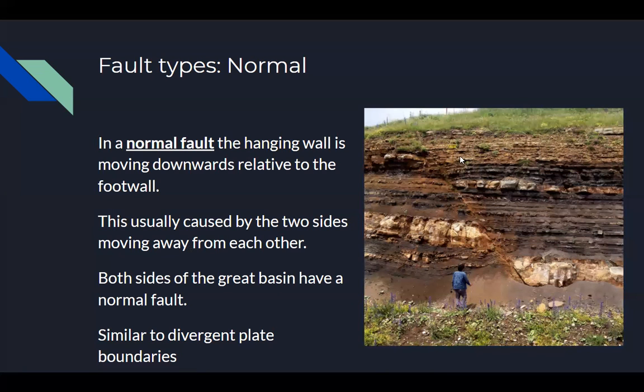We here in Utah live in what's called the Great Basin. We actually have normal faults on both sides of the valley. So the valley that we live on is the hanging wall of both faults, and it is actually slipping down in between the mountains.